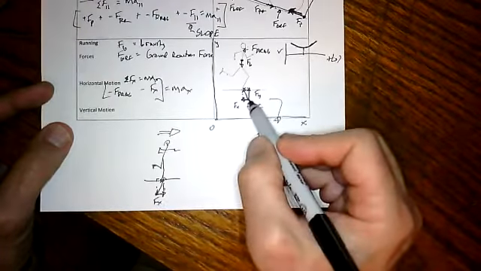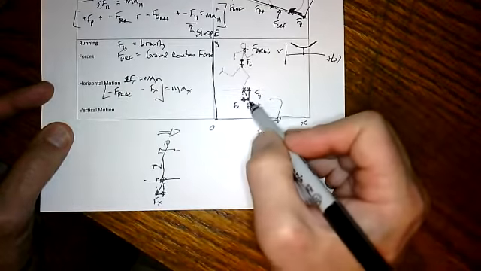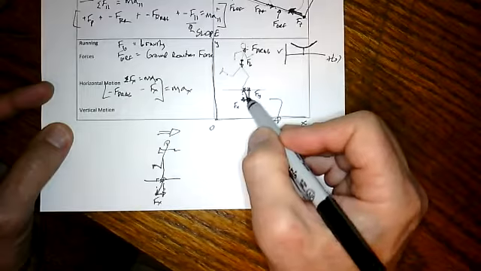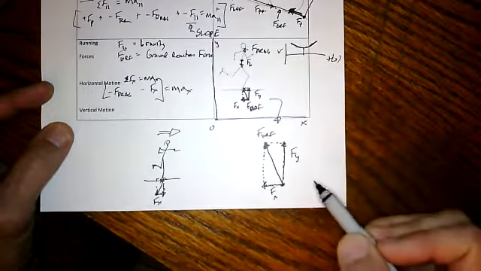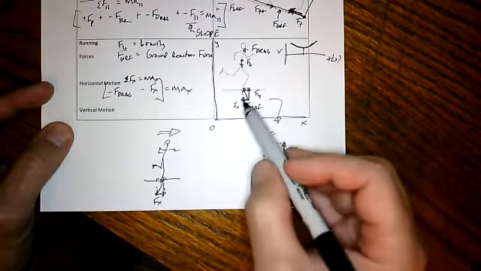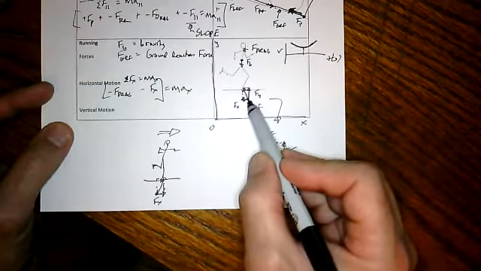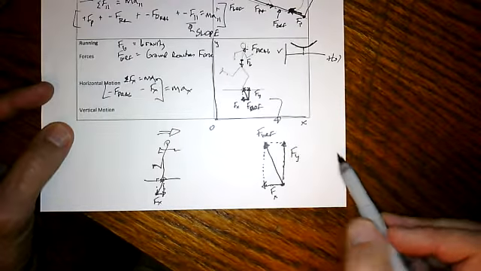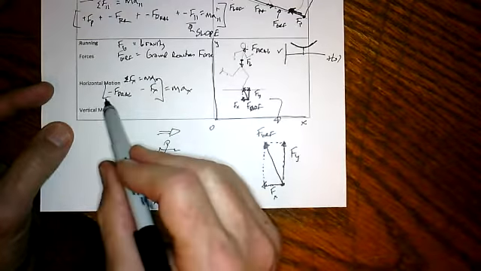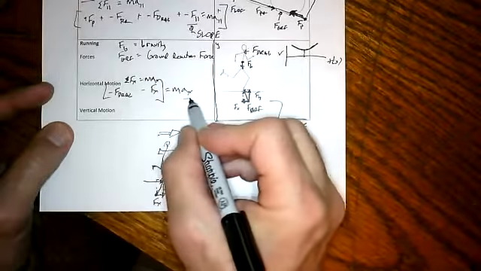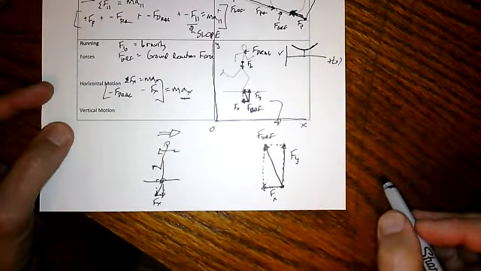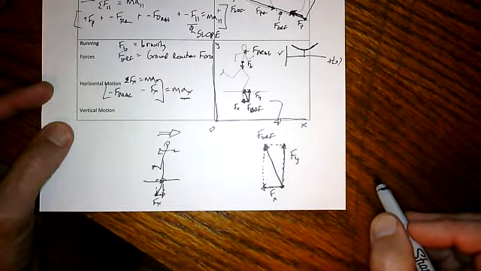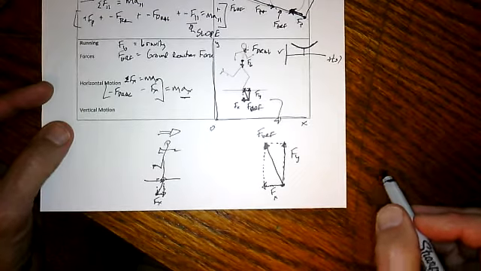And so if you see this question on the test, know that if I draw the force at an angle, that's an important thing to identify because that's going to tell you ultimately the direction of the force in the horizontal direction and allow you to set up this equation correctly and to identify the correct direction of the acceleration vector.